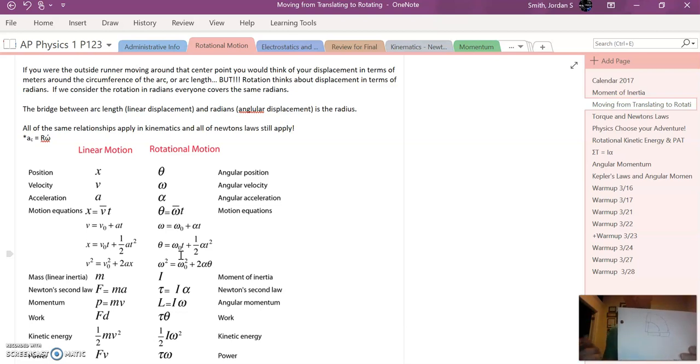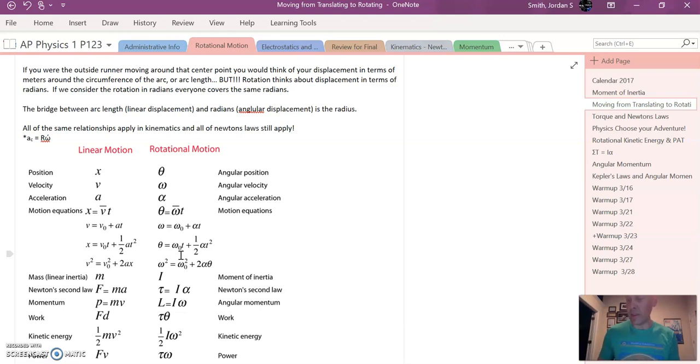All right, and so you end up with the arc length equation, from your, hopefully, geometry or algebra 2 class, or who knows, new math. Basically what you end up with is that radius is the equalizer for everything. You can get back and forth between linear stuff and angular stuff as long as you take the radius into account. So we know that x is equal to r times theta.